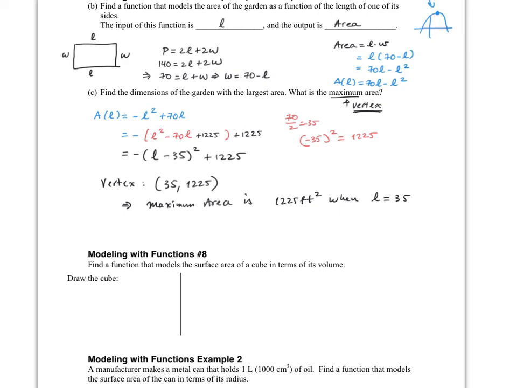Notice that if the length is 35, the width, which is 70 minus the length, so 70 minus 35, will also be 35. This is not by accident, so it's very important that you remember this result for your future classes, not just this class, but for calculus 1 and so forth. So therefore, if this is 35, well, obviously this is 35, this is 35, and this is 35.